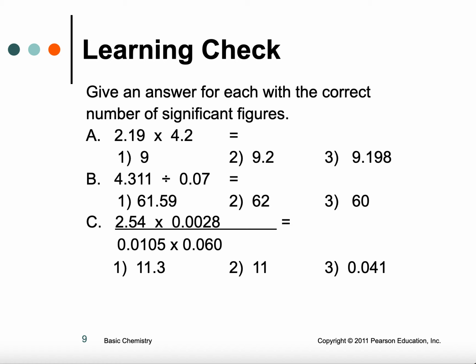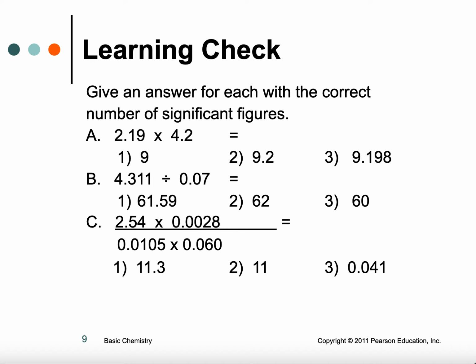It's not 6. It's 60, but I want 1 significant digit. So that 0 with no decimal after it is indicating that it's in the ones place, but there's only 1 significant digit. The 6 is significant. The 0 is trailing, and so it's not significant. So number 3 for B.